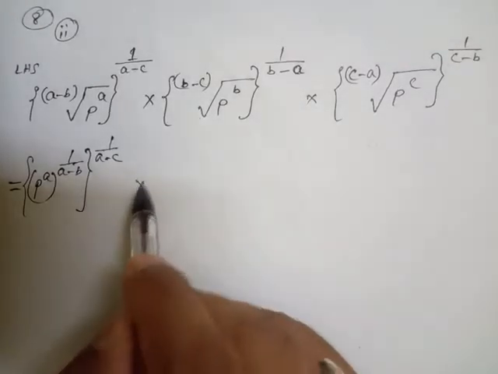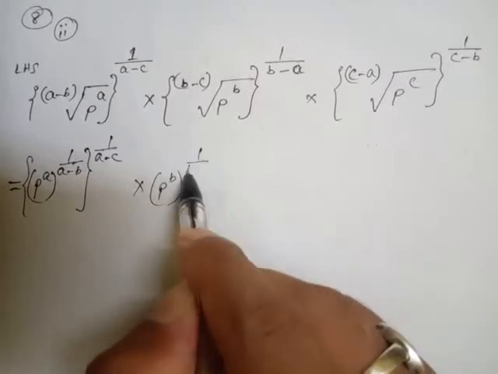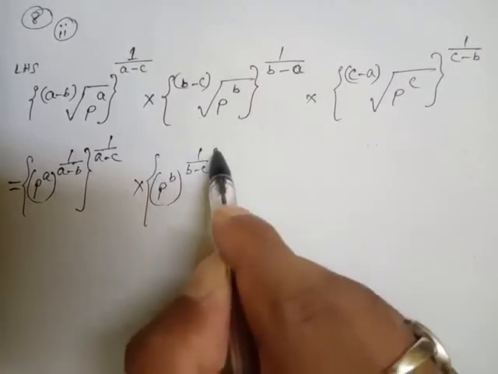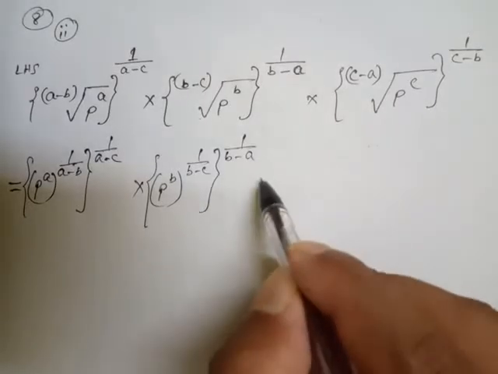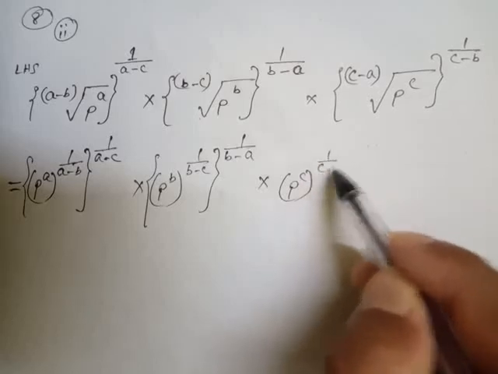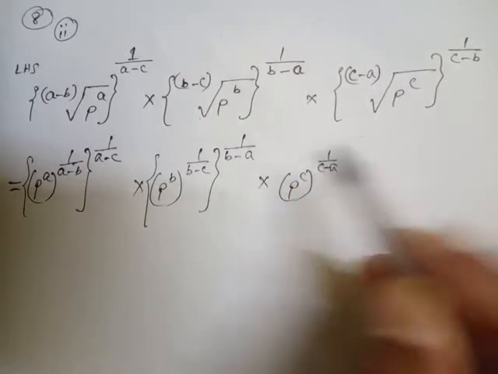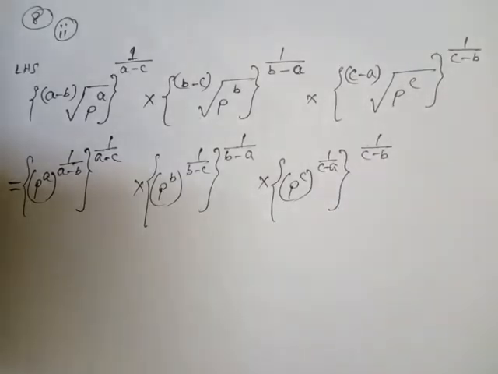And in a similar way we'll write here also p to the power b, whole to the power 1 by b minus c. Now in second bracket, then whole to the power b minus a. After that multiply, then p to the power c, whole to the power c minus a, then in second bracket 1 by c minus b.